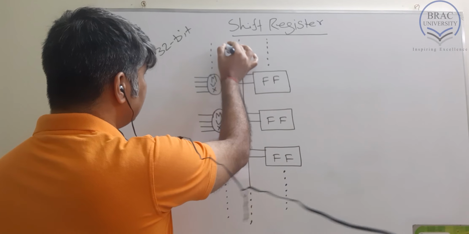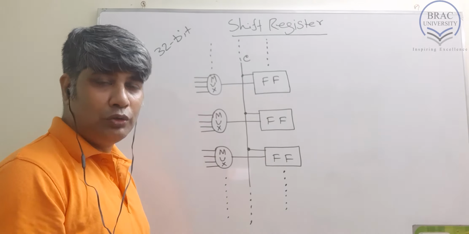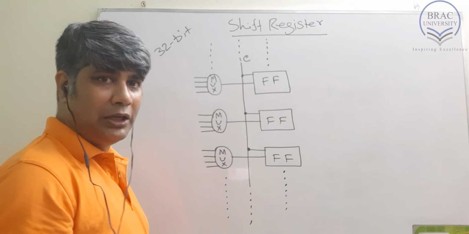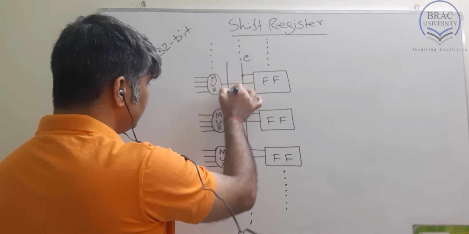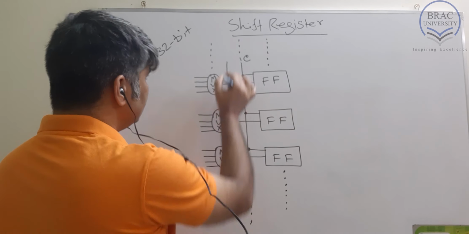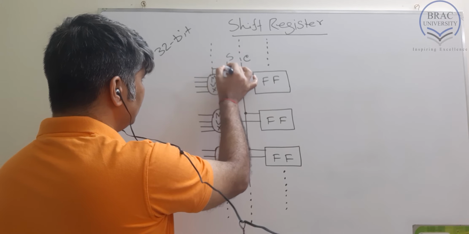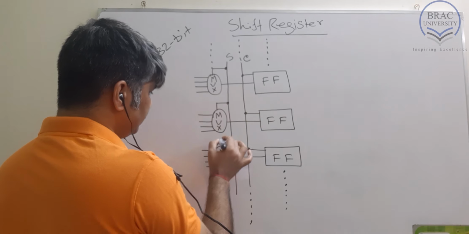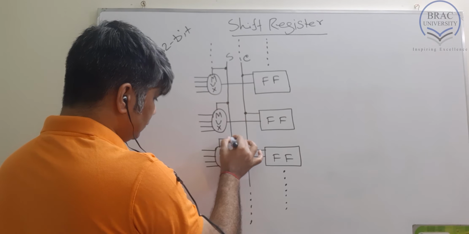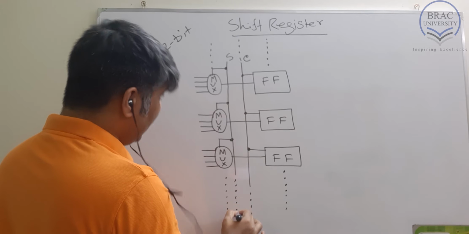Since all of these multiplexers are going to output the same input, we'll have the same selection bit. So let's say this is our selection bit, and the same will be applied here.